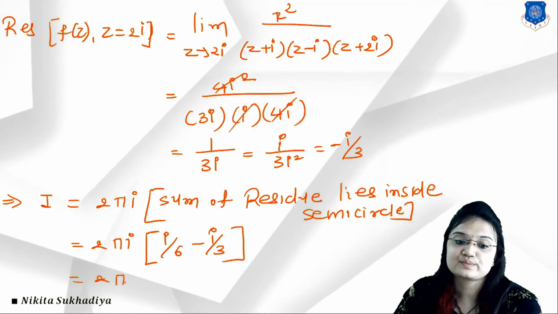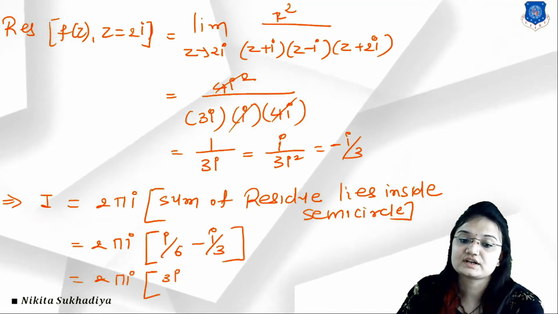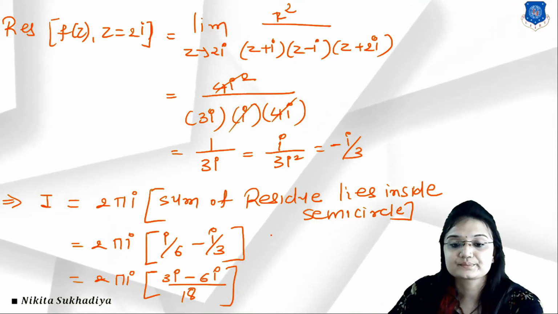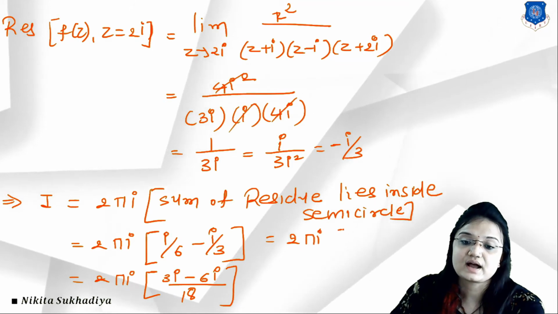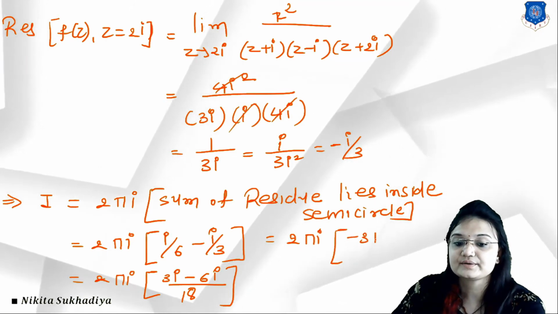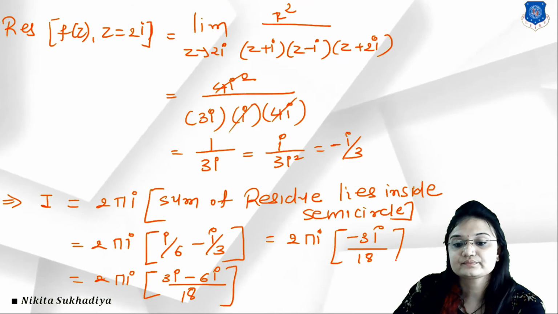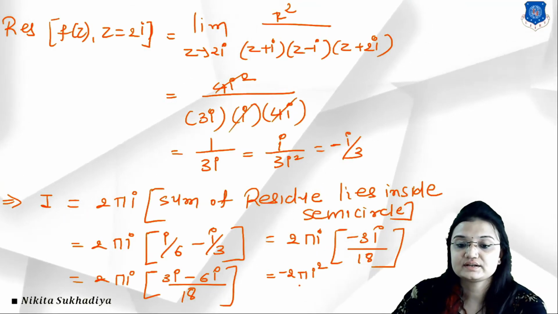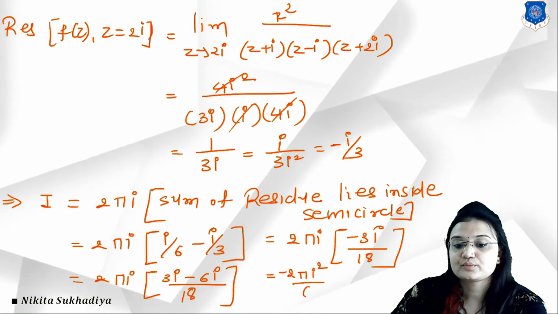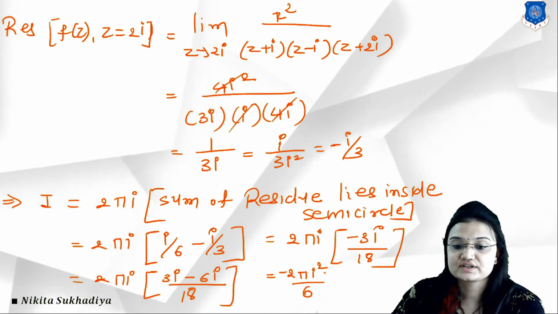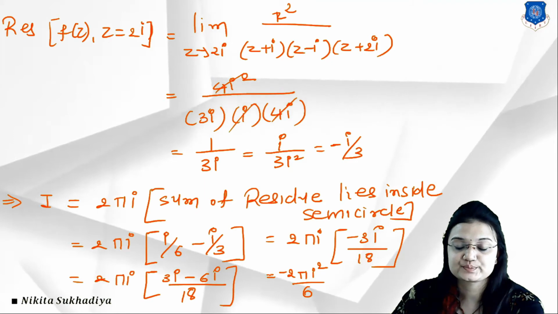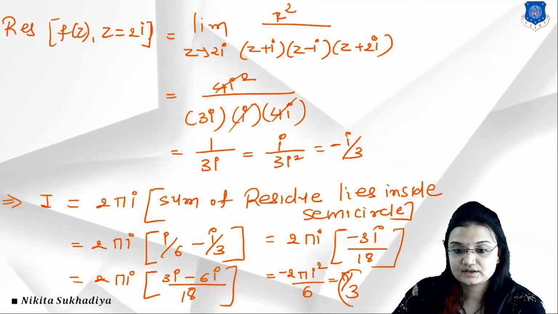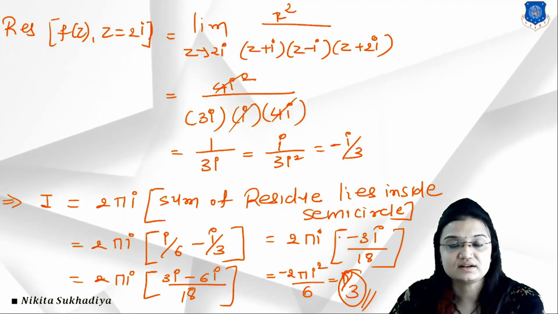So this is 2 pi i and this will become 3i minus 6i upon 18. Okay, so this will become 2 pi i, this is minus 3i upon 18, become 2 pi i square divided by 6, and i square is minus 1, so minus minus plus 1 and this will become pi by 3. So this one is our final answer.